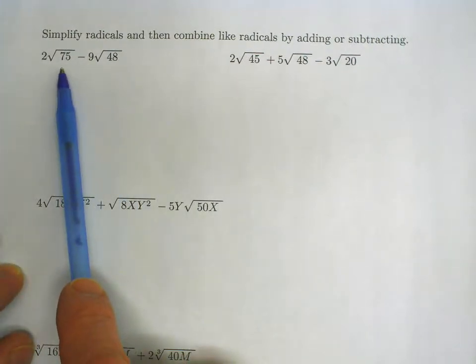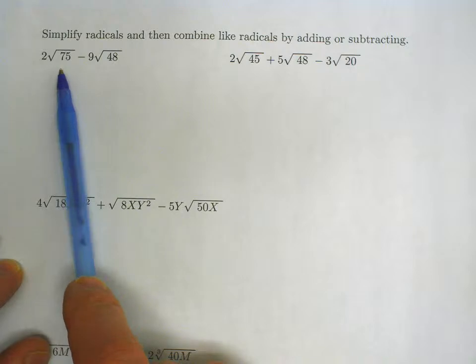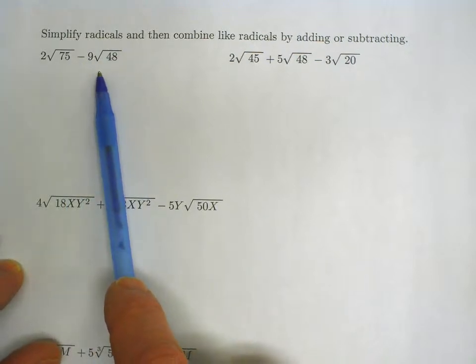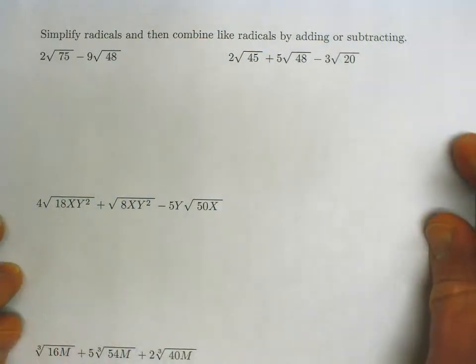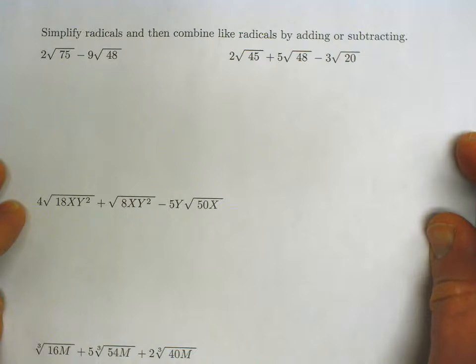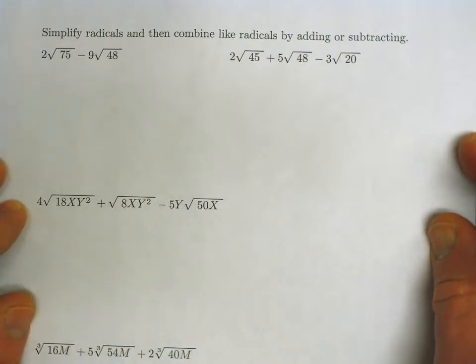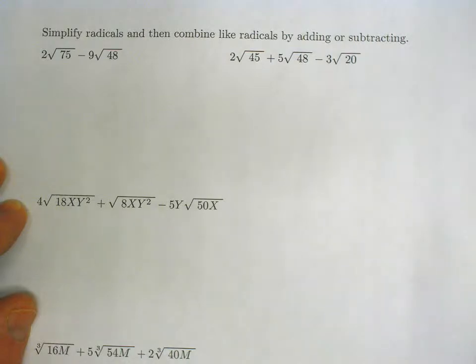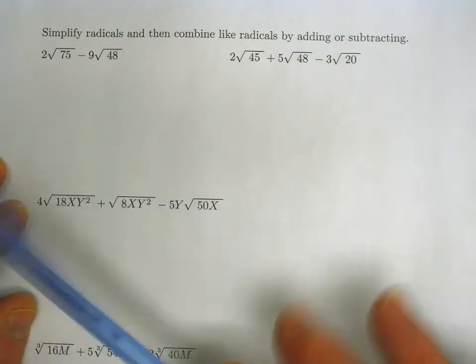The square root of 75 can be simplified further, and so can the square root of 48. So we have to simplify the radicals first, and then afterwards we have to determine if the terms can be added or subtracted.